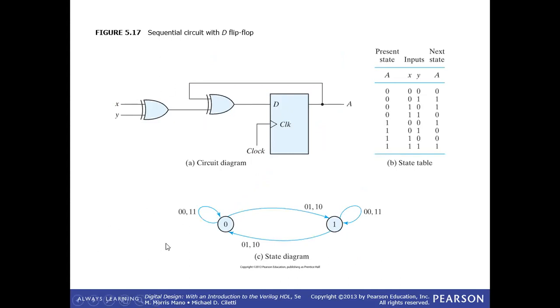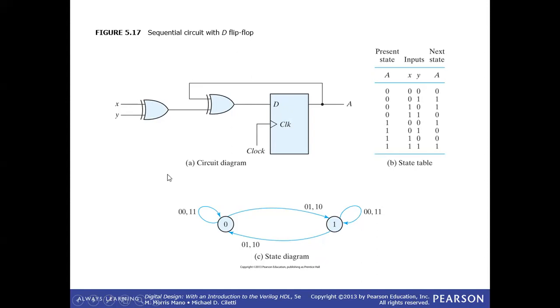So what do we remember about sequential circuits? Can anybody tell me what a sequential circuit does basically? Sir, a circuit that depends on the previous command is called a sequential circuit.